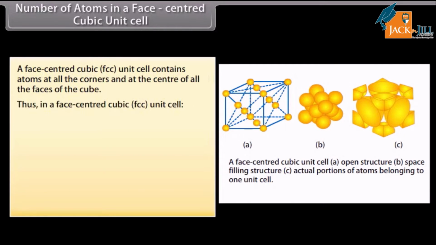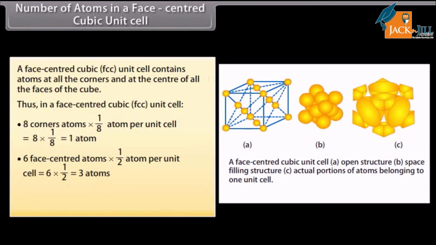Thus, in an FCC unit cell, 8 corner atoms into 1 upon 8 atom per unit cell equals 8 into 1 upon 8, which is equal to 1 atom. 6 face-centered atoms into 1 upon 2 atom per unit cell equals 6 into 1 upon 2, which equals 3 atoms. Therefore, total number of atoms per unit cell is equal to 4 atoms.